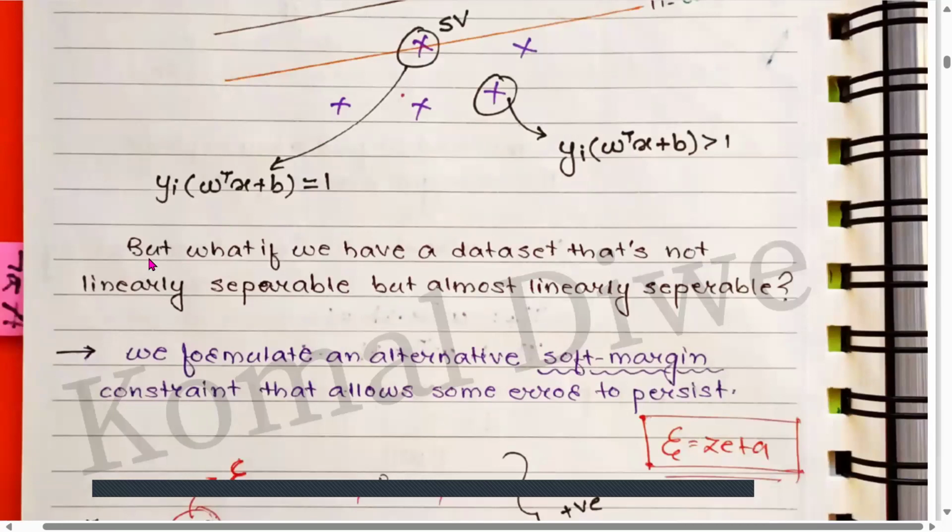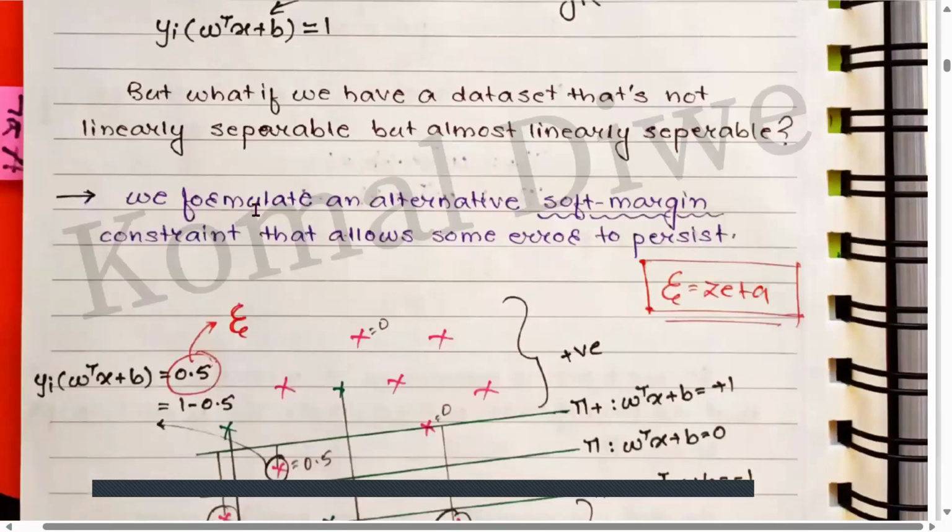Next: what if we have a data set that is not linearly separable but almost linearly separable? For such data sets, which are not clearly linearly separable but almost linearly separable, the answer is given here.